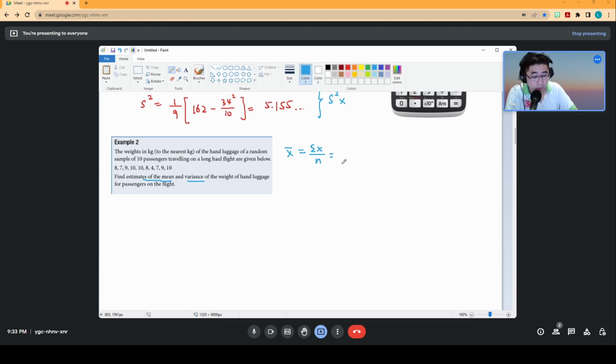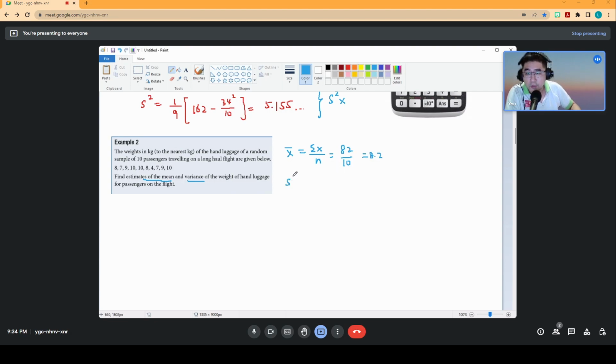I key in 8 equal, 7 equal, 9 equal, 10 equal, 10 equal, 8 equal, 4 equal, 7 equal, 9 equal, 10 equal. Then options, one variable calculator. So I have the sum of 82, 82 over 10, which is 8.2.